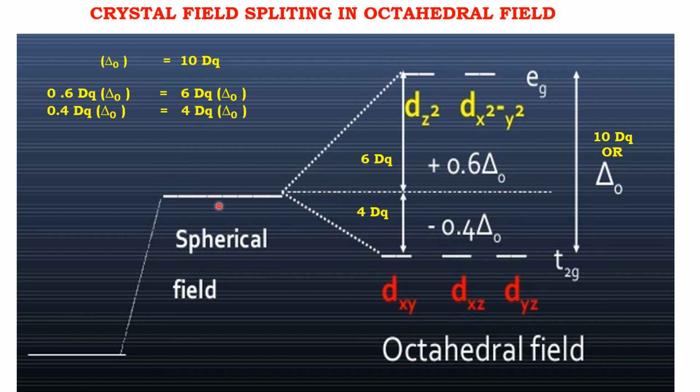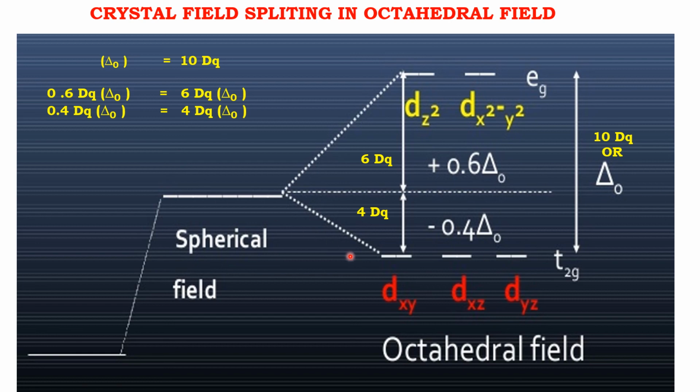So we could summarize. In crystal field splitting of an octahedral field, the degenerate d orbitals split into 2. They are T2g orbitals and Eg orbitals. T2g orbitals are constituted by dxy, dxz and dyz, while Eg orbitals are constituted by dx square minus y square and dz square. The energy gap between Eg and T2g levels is called 10dq or delta octahedral.